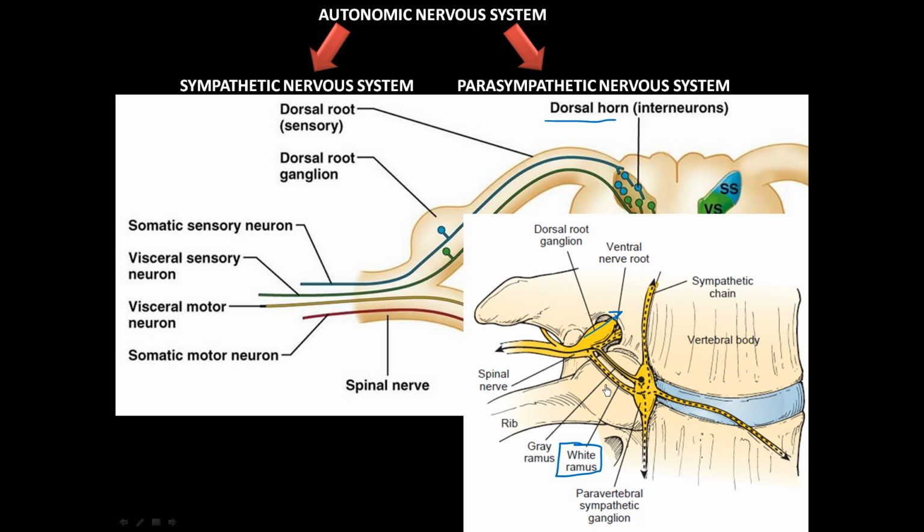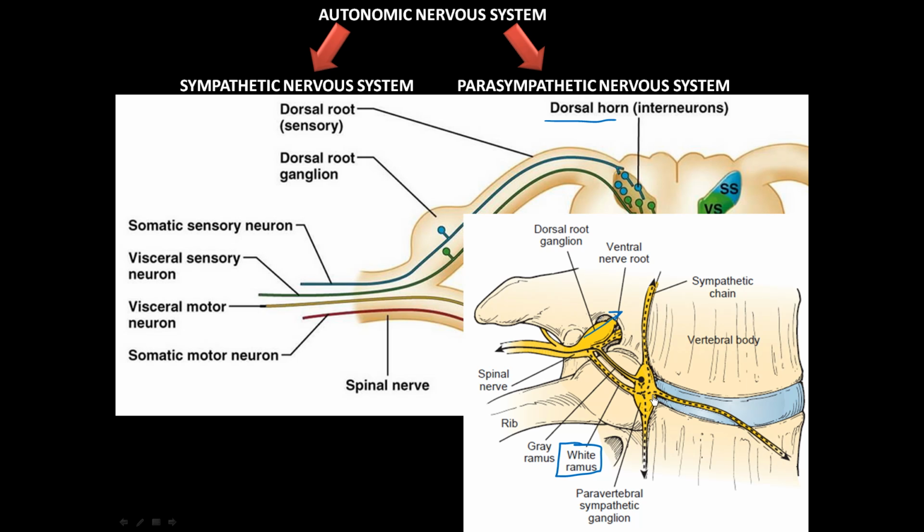And so it comes through the white ramus, and then like I said before, it can either synapse here, that's one option. It can synapse right in this ganglion, so then the postganglionic cell bodies make up these paravertebral sympathetic ganglions in the sympathetic trunk, and then they go out through the gray rami into the spinal nerve and out the ventral root of the spinal nerve.